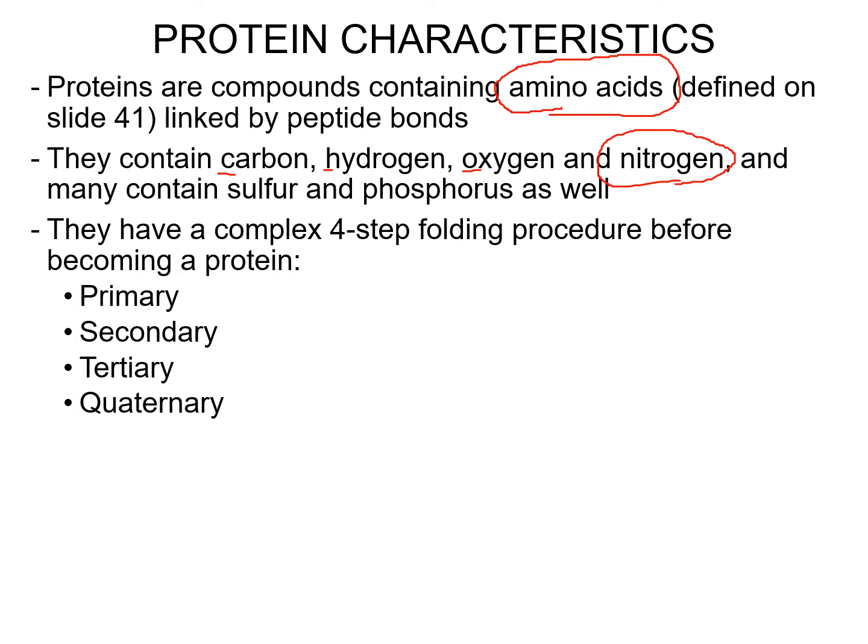So what we're going to talk about in about 6 or 7 slides is we have a primary stage where we line all the amino acids up. Then we're going to start the folding, complete the folding, and then combine it with other folded things. And that exact weird folded shape determines exactly what that protein does. Because insulin is very different than, let's say, angiotensin or pepsin. They're all proteins, but they work very differently. So we'll discuss that more in just a little bit.